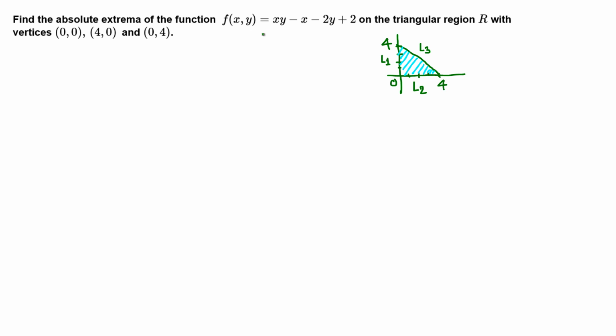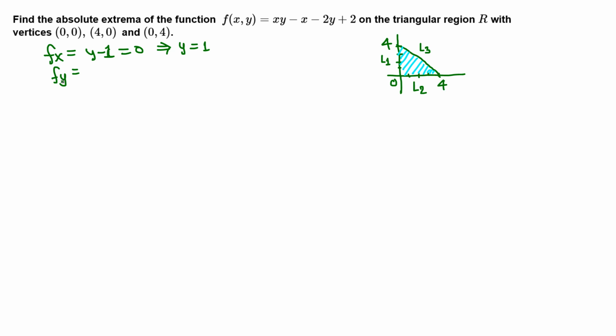Okay, so let's find the critical points. We find the partial derivative with respect to x and the partial derivative with respect to y. With respect to x, we get y minus 1, and we set that equal to 0, so y minus 1 equals 0, which implies y equals 1.